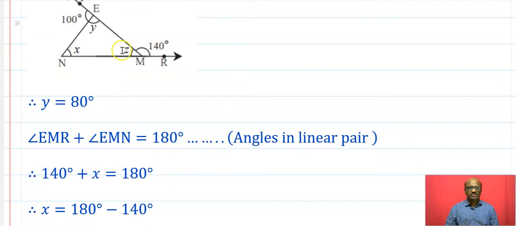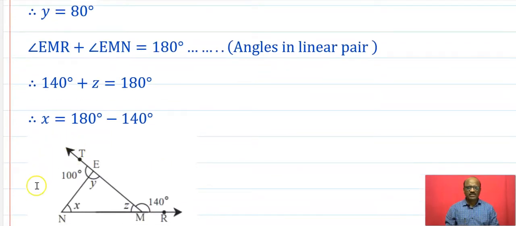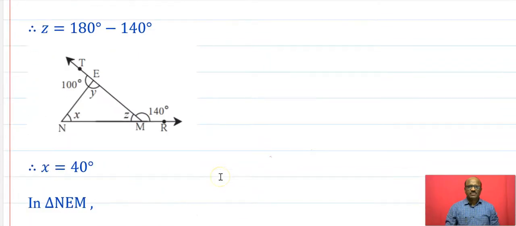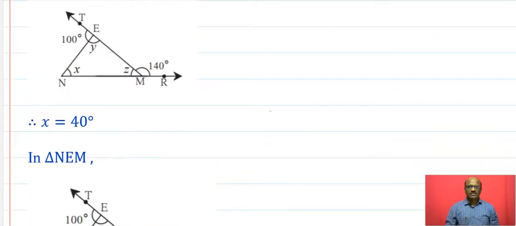Substitute the value: 140 plus measure of angle Z is equal to 180. Therefore the measure of angle Z is equal to 40 degrees.